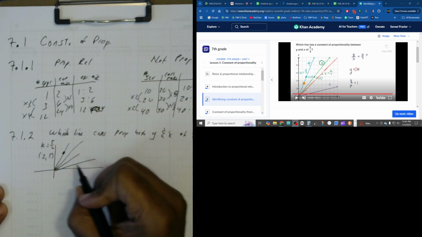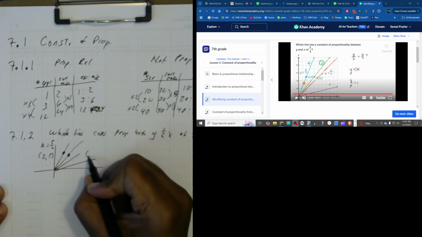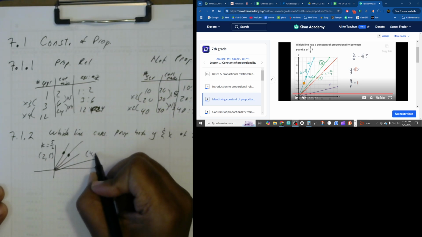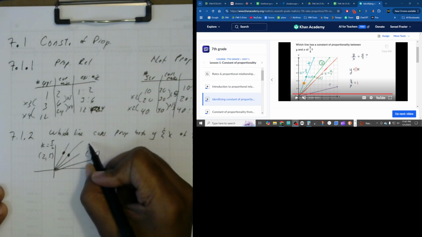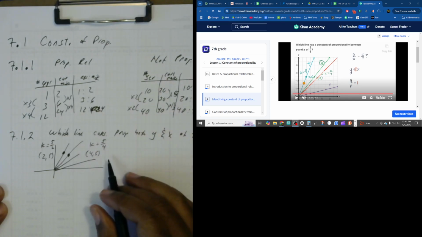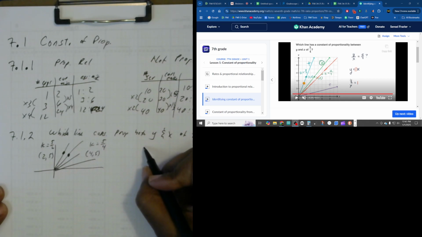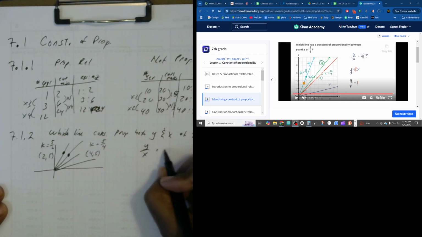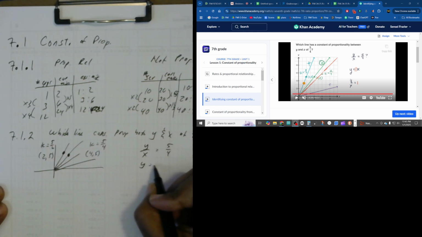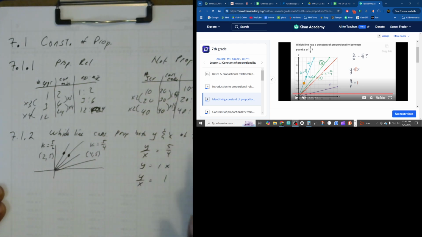We have another point over here which says 4, 5, and that has a K labeled as 5/4. There's nothing much more in all of these. Then they write y/x equals 5/4, and y equals 1x, and lastly y/x equals 1. That's all we need.